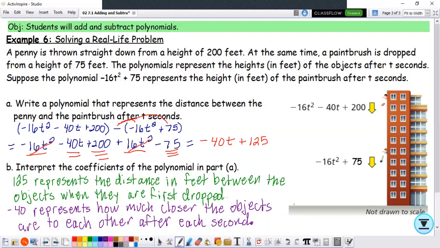So yes, we can use adding and subtracting polynomials when it comes to applications.